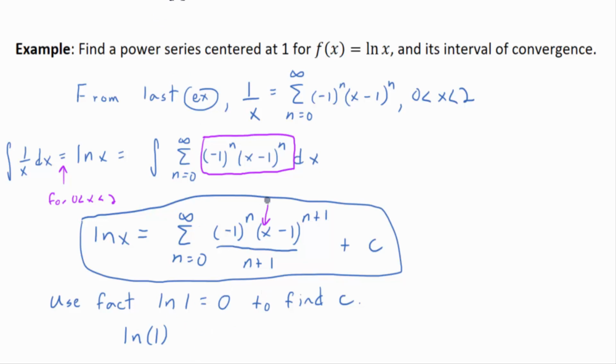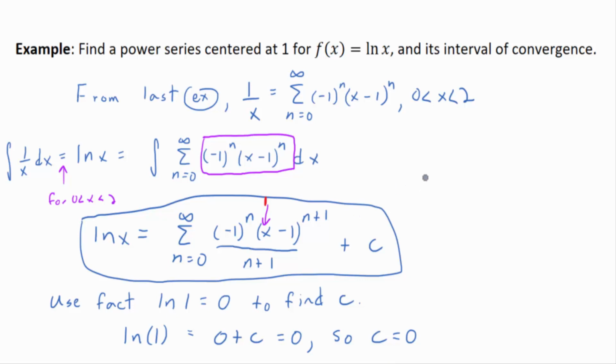So if I plug in a 1 right there, every single term zeroes out, and I'll get 0 plus c. But I know the natural log of 1 is equal to 0, so I know c equals 0. So the actual sum without the constant, without the plus c, is correct in this case.